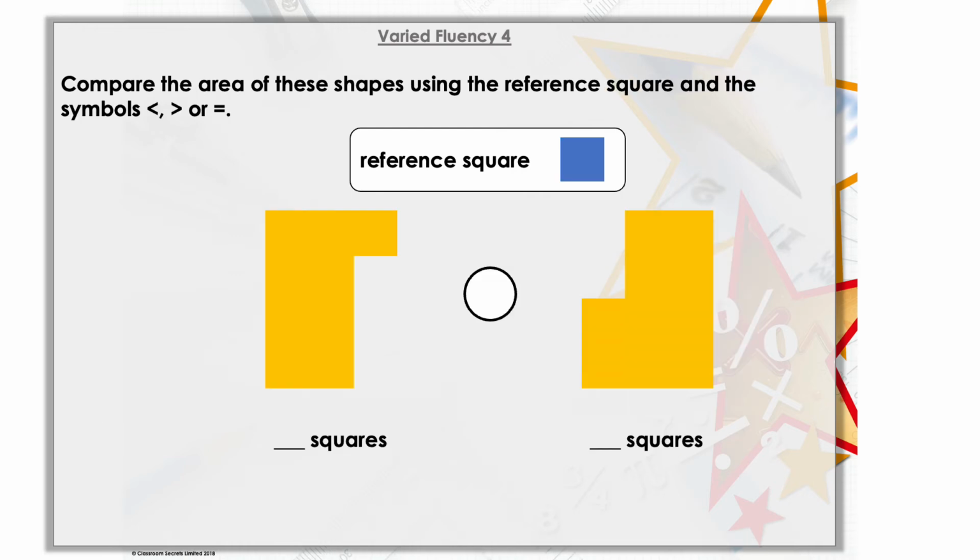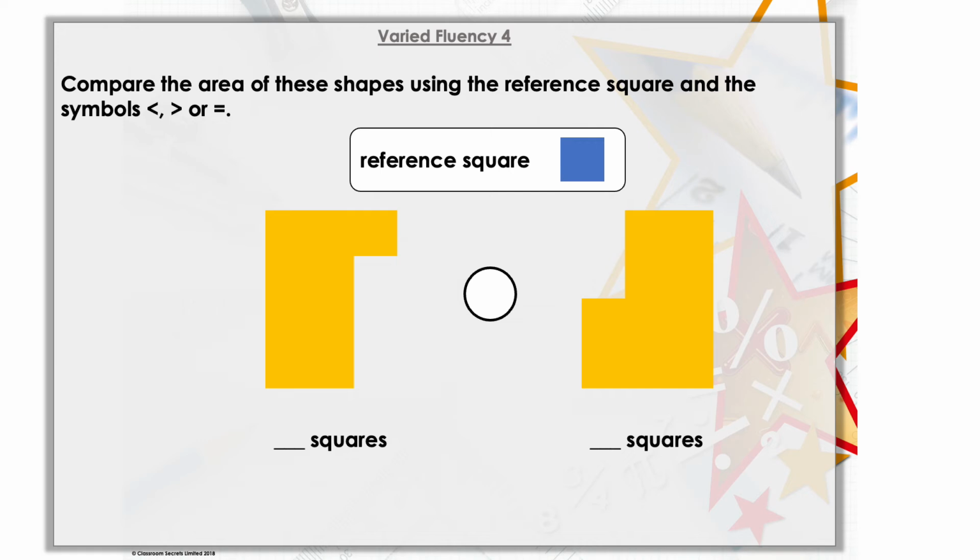We've also looked at comparing the area using the symbols less than, more than, or the same. So have a look at the two shapes that you have. Have a look at the blue square. How many of those squares do you think fit into the first shape and the second?